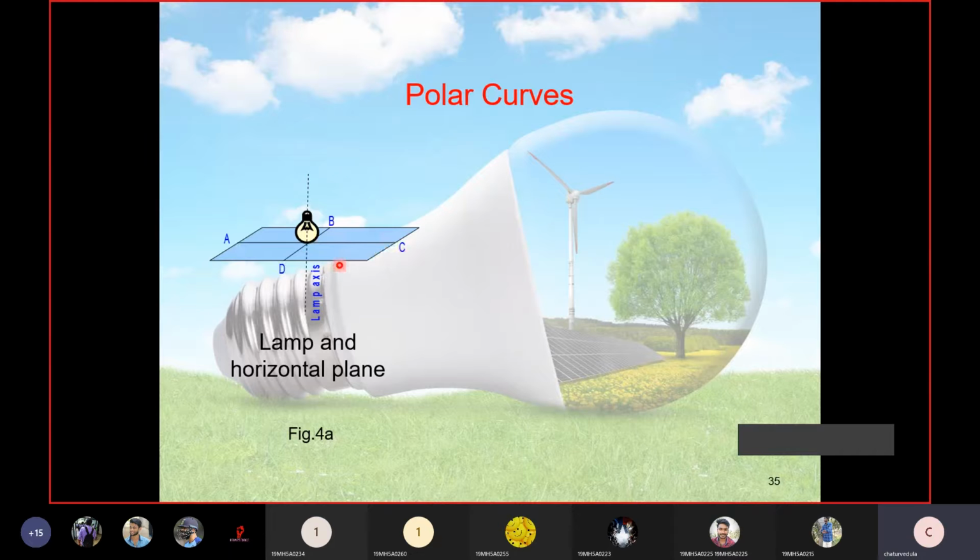I have taken only these 4 points so that we can observe the illumination at A, the illumination intensity at D, at C, and the luminous intensity at B. This luminous intensity at every point we are going to connect and observe how the luminous intensity varies.